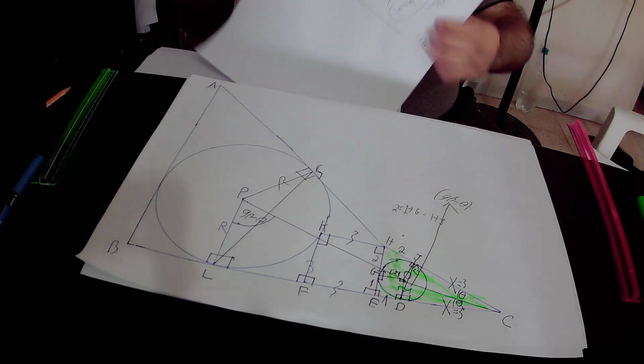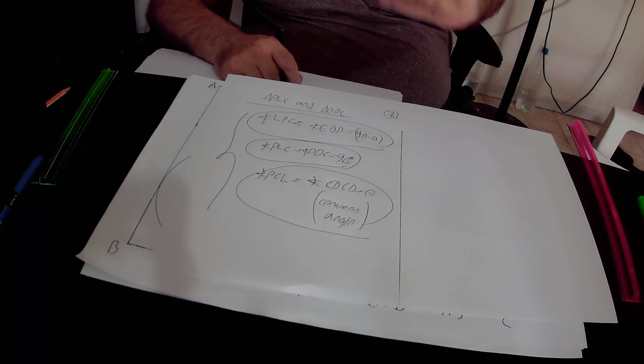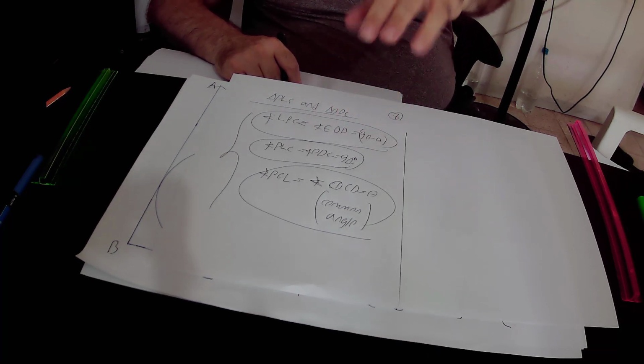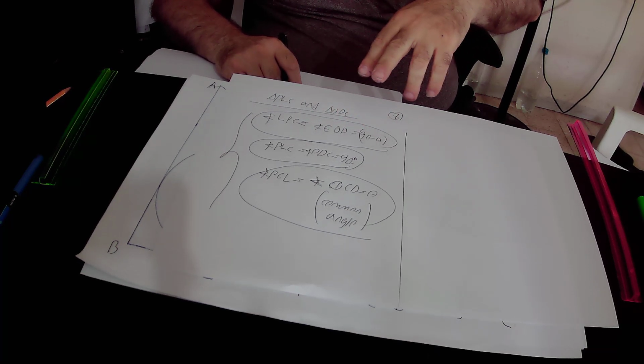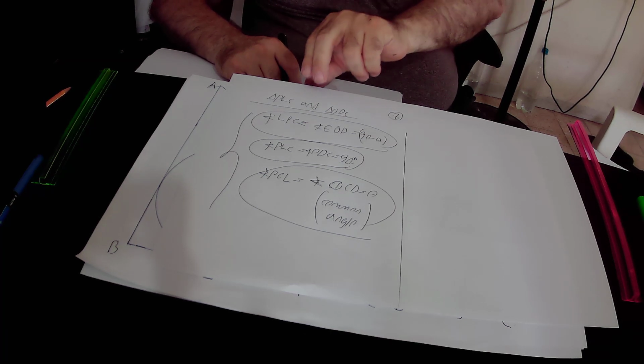Repeat again: here, angle theta equals itself. It's a common angle that belongs to both triangles. We actually proved that the big triangle PLC is similar to the small triangle ODC according to the angle similarity rule.